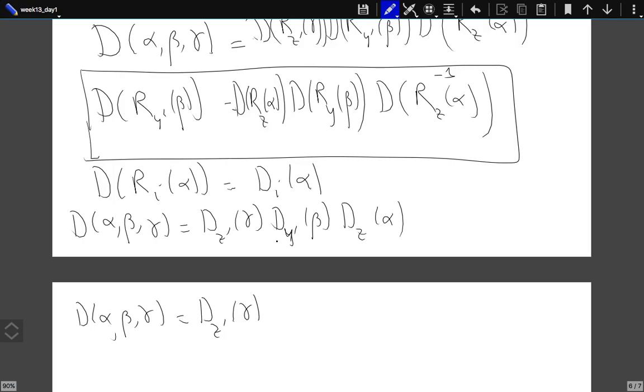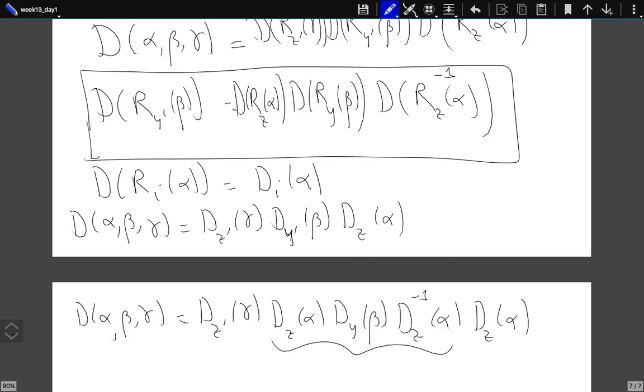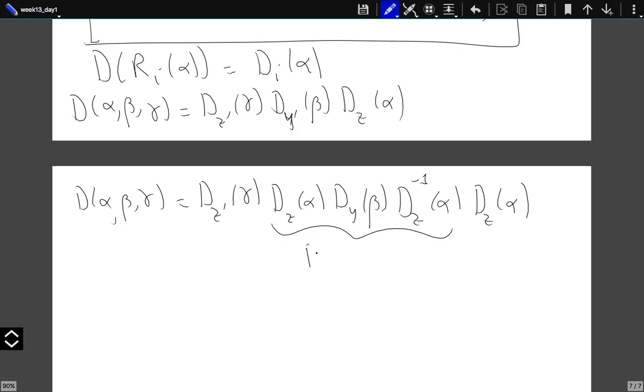Now, rotation around the y prime axis, we just said that this is the rotation around the z axis by alpha, rotation around the y axis by beta, rotation around the z axis by inverse by alpha, Dz alpha. So this is my Dy prime beta.